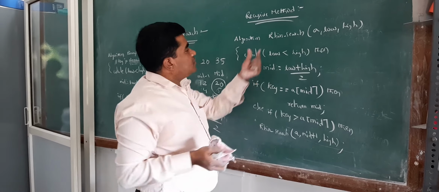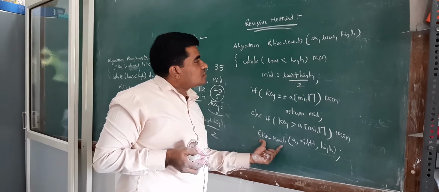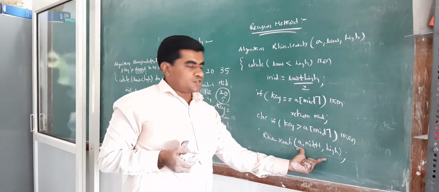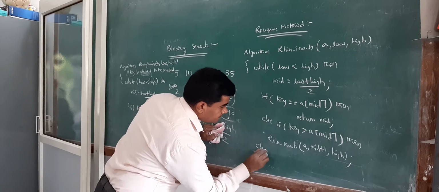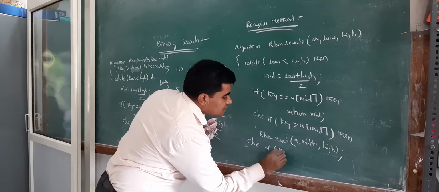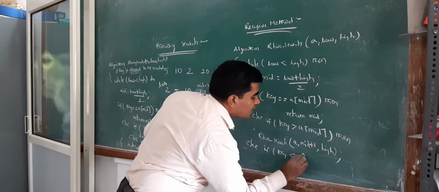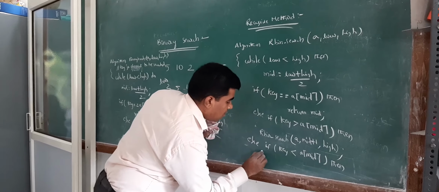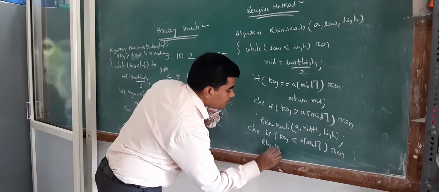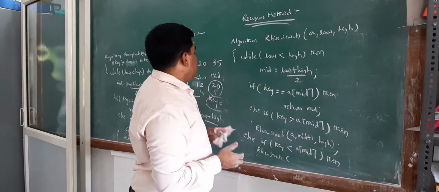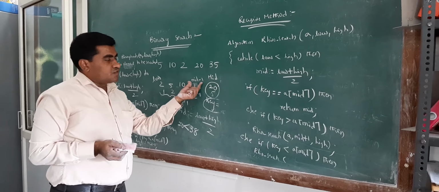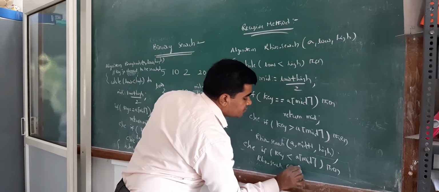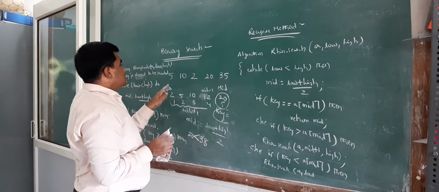Whatever the name of the procedure is there, the same name of the procedure, whatever parameters are there, same parameters we are applying for the sublist. Else, if the searching element is lesser than mid value, then binary search again. Sublist 1 is ending at mid minus 1. So it is starting from low, array A, and low is low, and high value is mid minus 1.